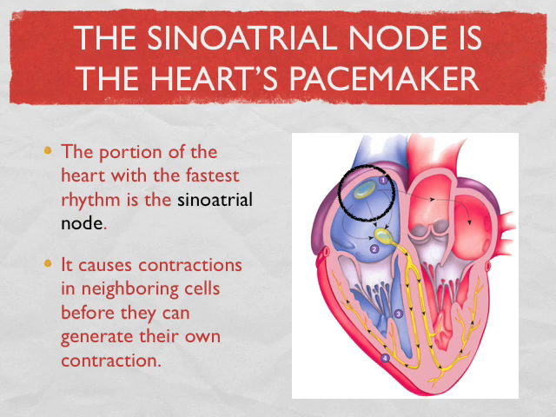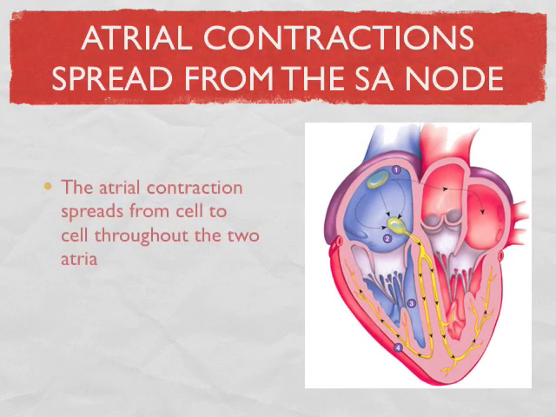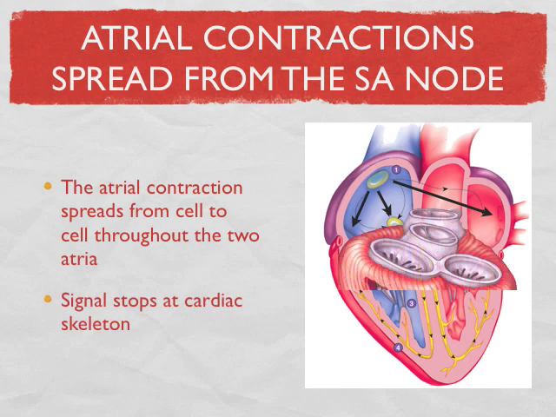Imagine that it begins the contraction, spreads that contraction to the cells nearby, and little by little those contractions then spread from cell to cell throughout the atria. And so in our sequence of rhythmic contraction, we're going to begin with diastole. We're going to begin with the atria contracting and forcing blood down into ventricles that are ready to receive it.